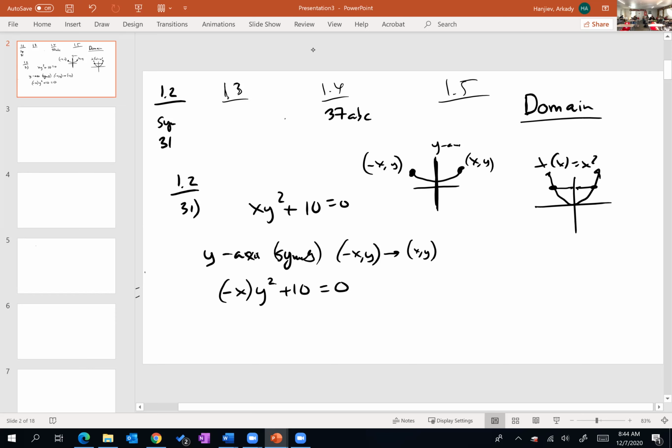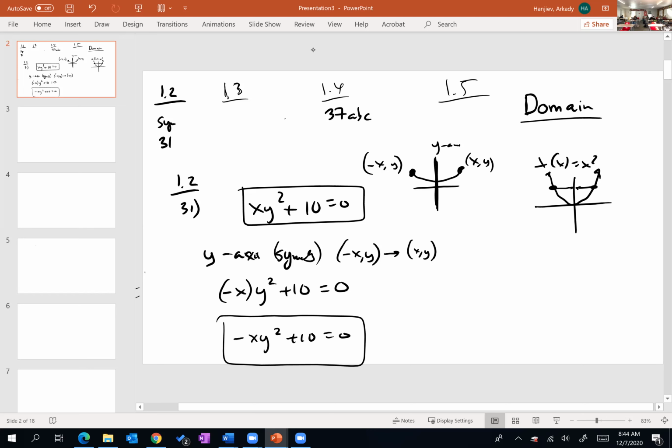And so in this case, this drops out and you're left with something that looks like this. So back to the original one, you're looking for this and you're looking for this. And you're saying, okay, does that look like the exact same equation or the exact opposite equation that I had? No, neither of those. So there's no x-axis symmetry here.